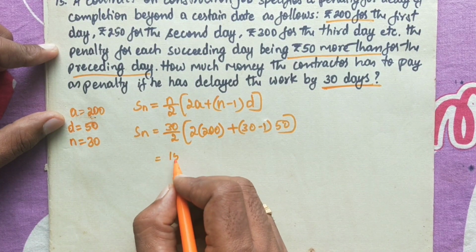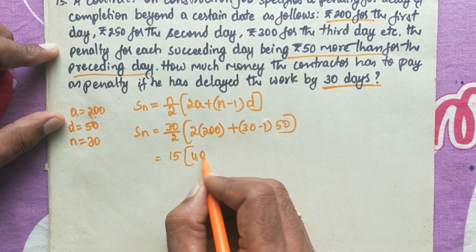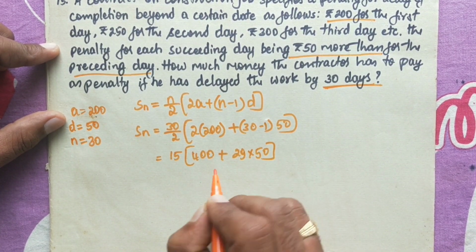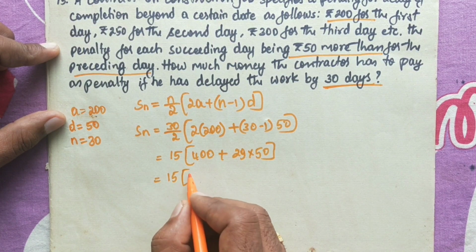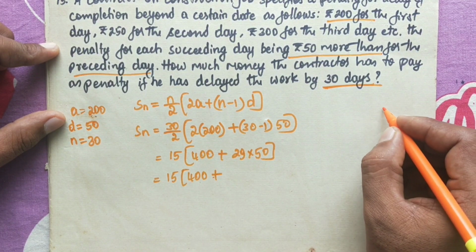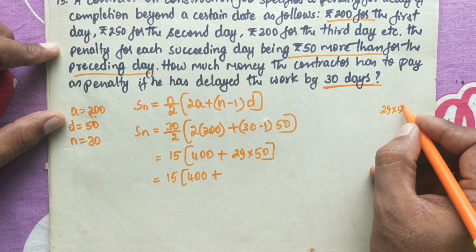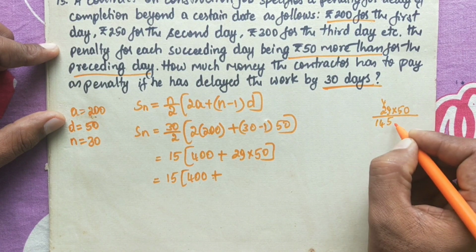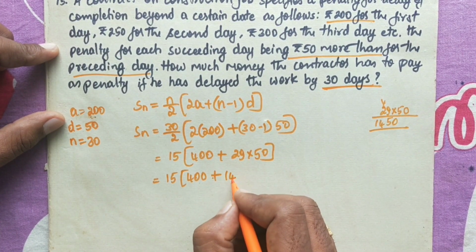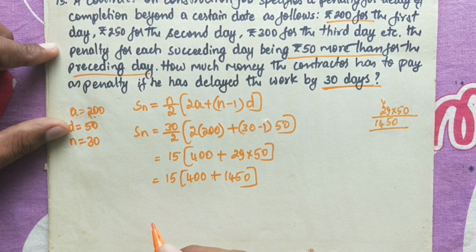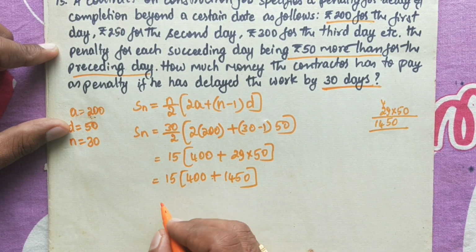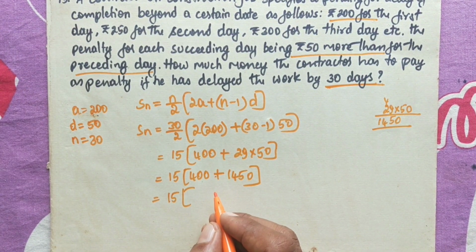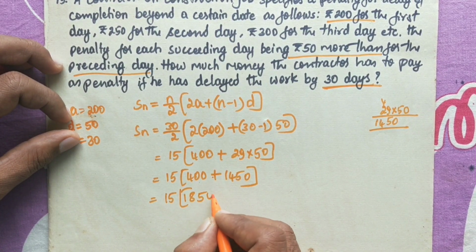So it is equal to 15 into 400 plus 29 into 50. 29 into 50 is 1450, so this is equal to 15 into 1850.